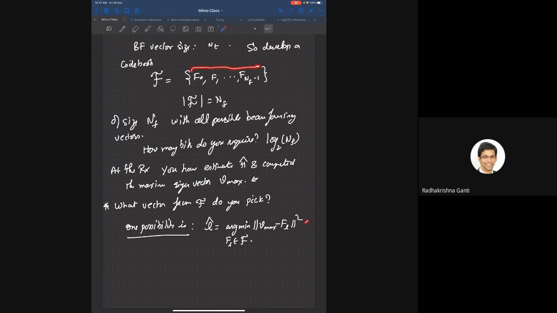Okay, do you understand this? Essentially, you're trying to minimize the Euclidean distance between this one and all the other vectors, and you're choosing the one which has the lowest, which is the closest in terms of Euclidean distance.